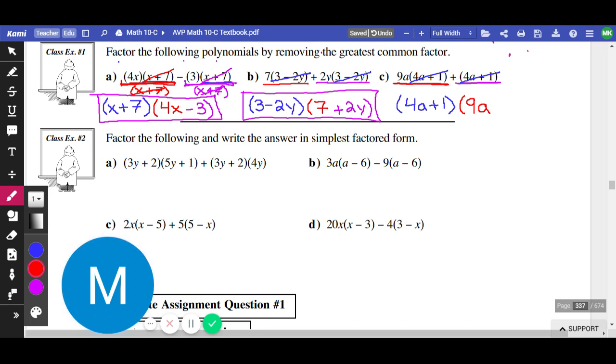What do we put when it completely cancels out? It's a plus 1. Makes sense. That would be completely factored by removing the greatest common factor.